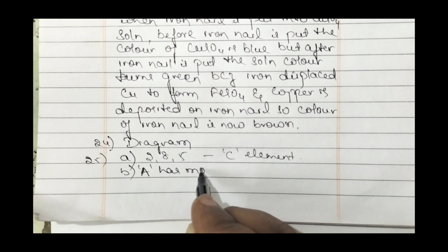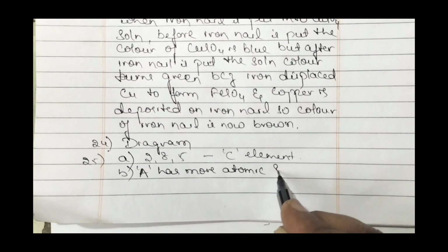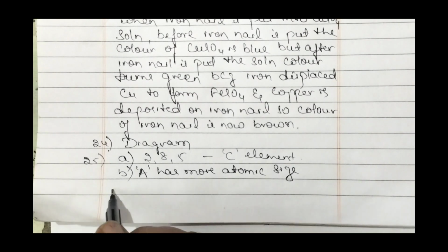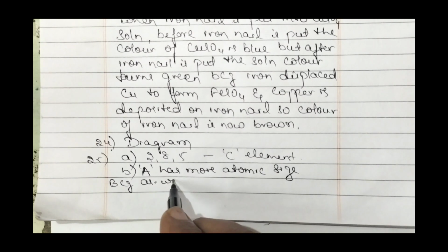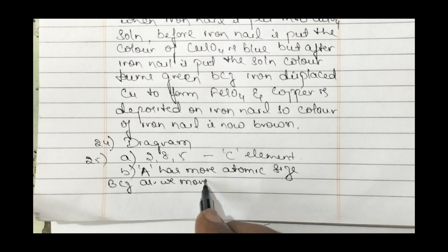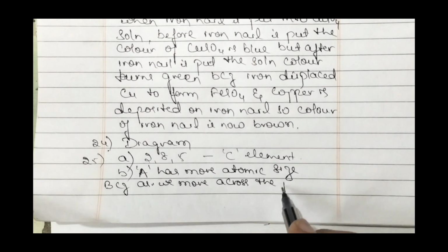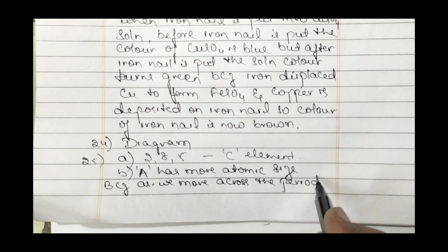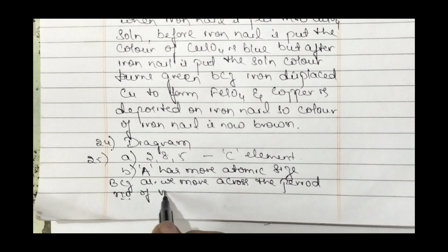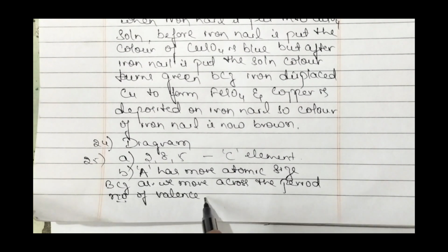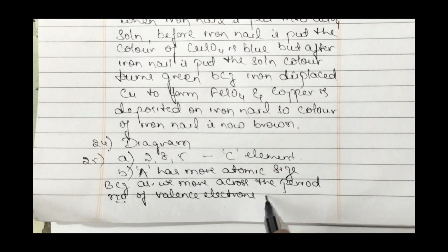A has more atomic size. Why? Because as we move across the period, the number of valence electrons increases.